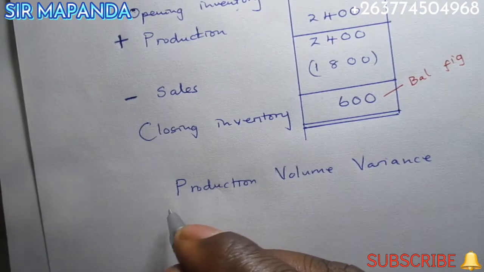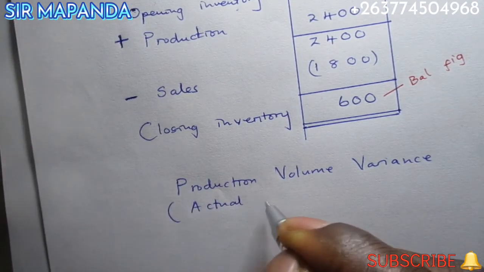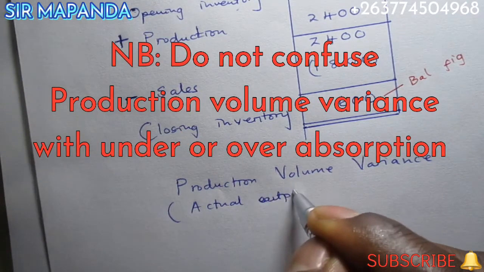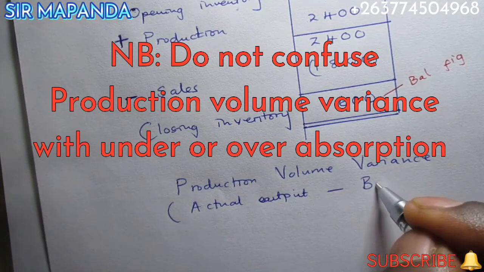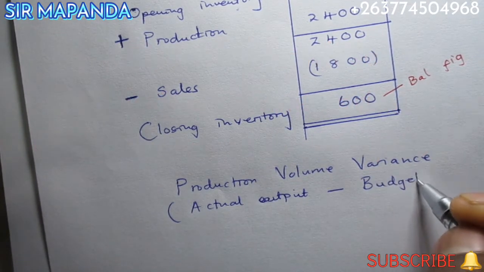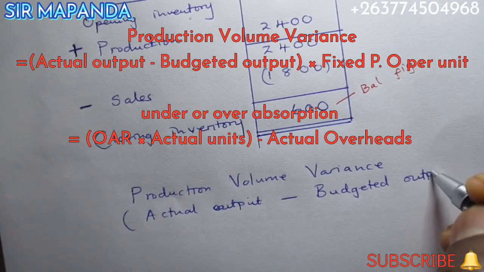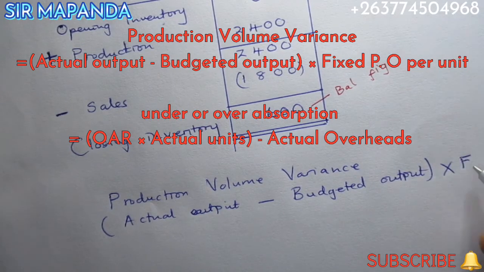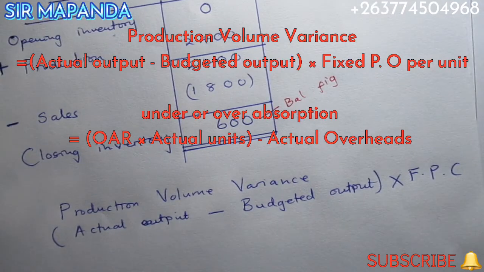It's going to be calculated by the formula: actual output minus budgeted output. I hope you are following. Budgeted output times fixed production cost per unit. Something like this.